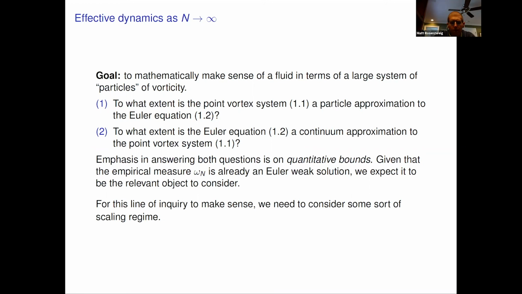But of course, for this line of inquiry to make any sense, we need to consider some sort of scaling regime. There's no reason for there to be any non-trivial dynamics as, say, n goes to infinity if we just consider the point vortex system as given. We need to impose some further constraints.